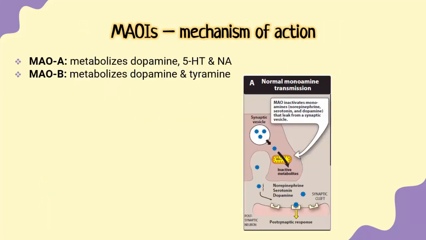Now, for monoamine oxidase inhibitors, you need to know first the enzymes themselves, monoamine oxidase A and monoamine oxidase B, what neurotransmitters or molecules they metabolize, and what happens when we inhibit those enzymes.